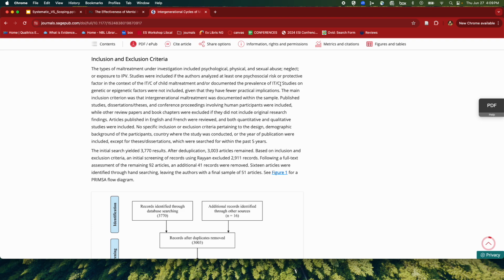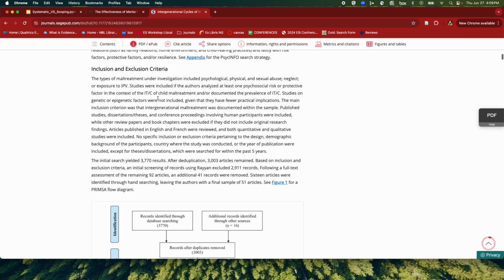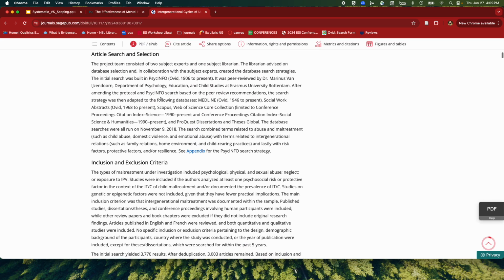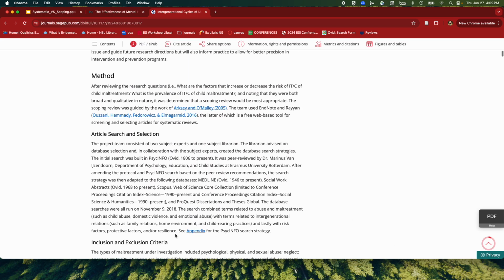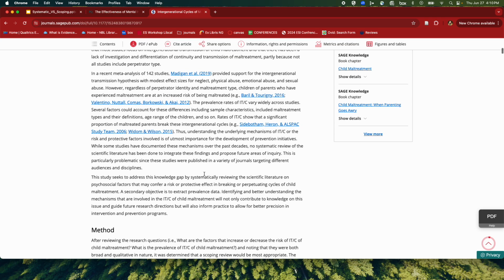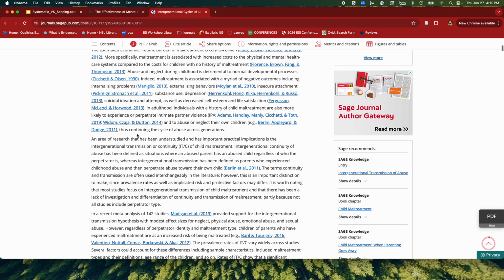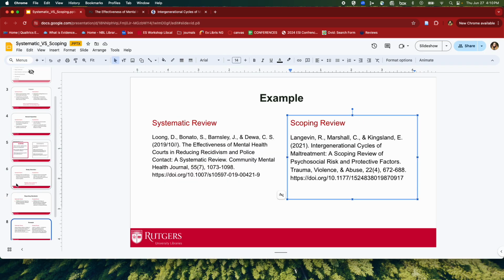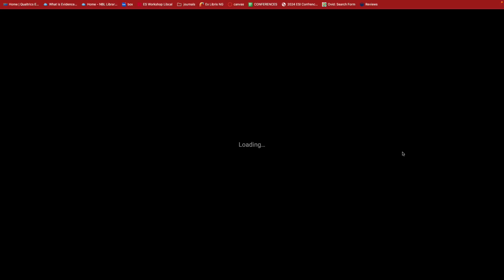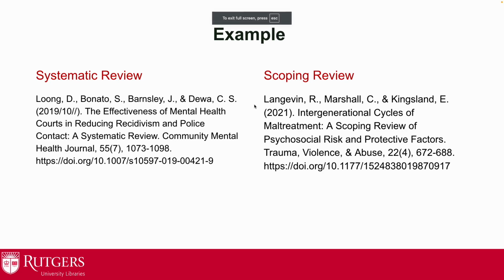We also see intergenerational maltreatment and different study types: dissertations and theses, studies, conference proceedings. But again, we see it's very well documented in both cases. So those are our two examples.